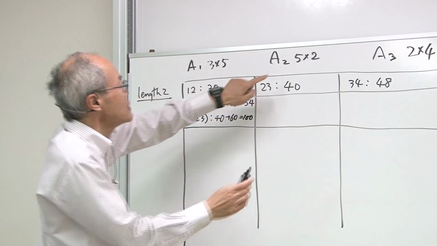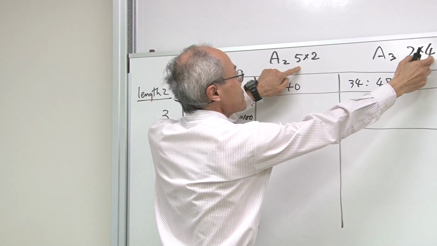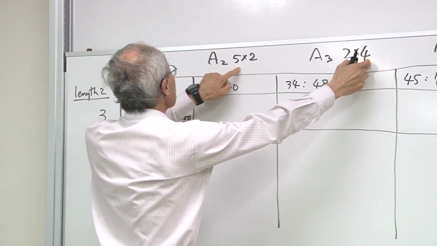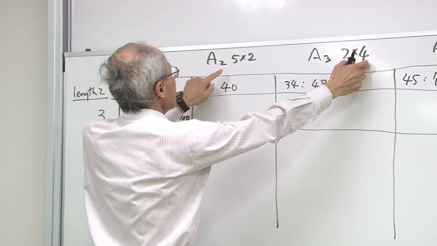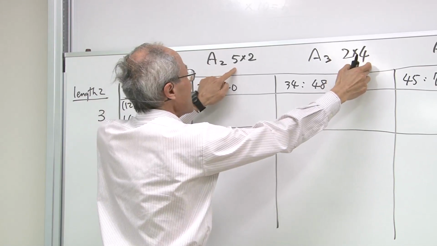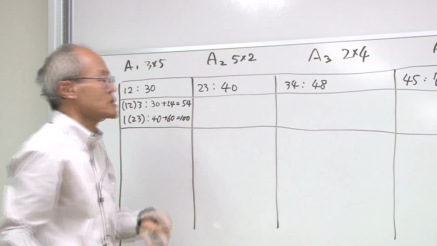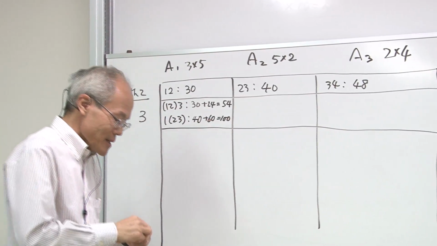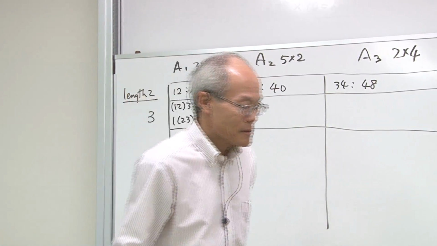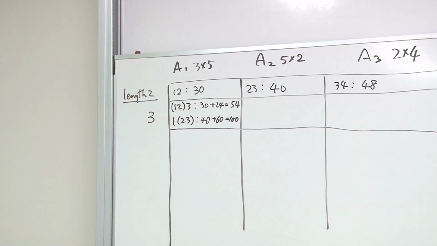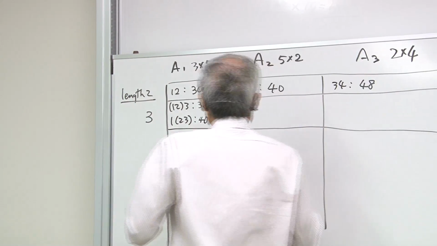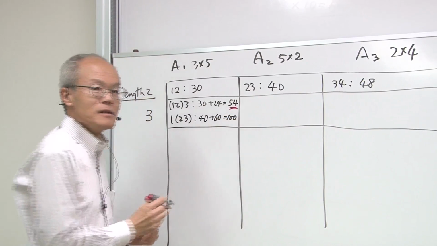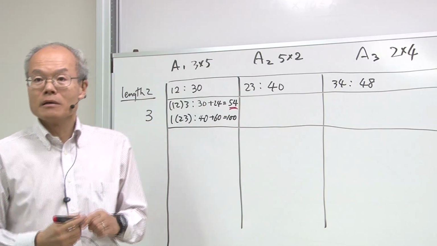Because with 2 and 3 we have a 5 by 4 matrix, so 3 times 5 times 4 is equal to 60. The sum is 100. But now, this is better.